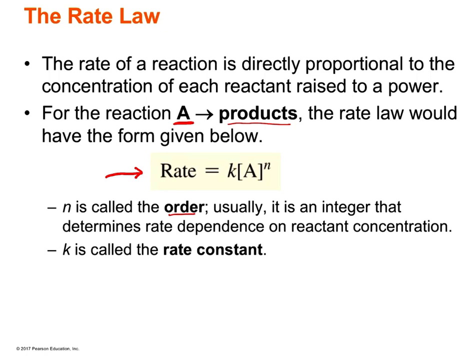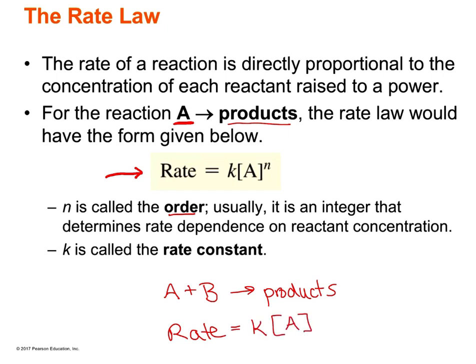Now, if you have multiple reactants, so let's say A plus B and they're becoming products, then we would write that the rate is equal to k times the concentration of A raised to a power times the concentration of B raised to a different power, or they might have the same power, it depends.